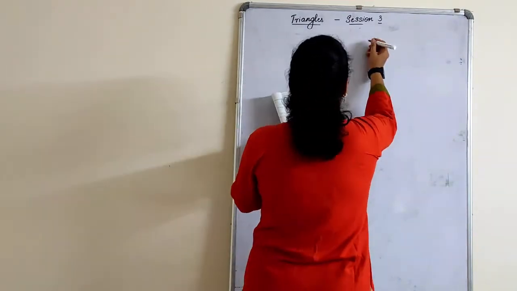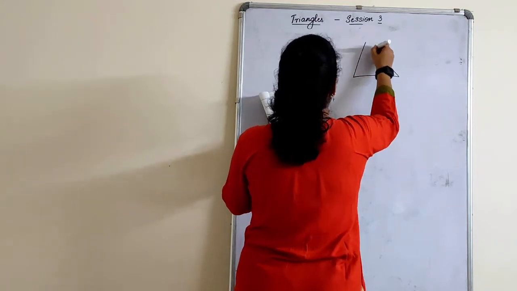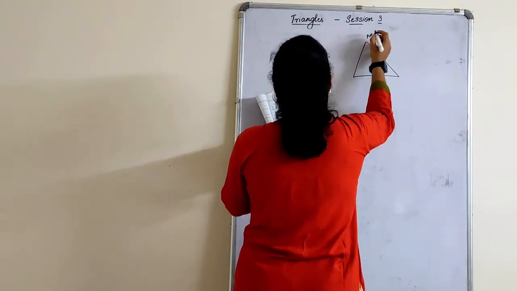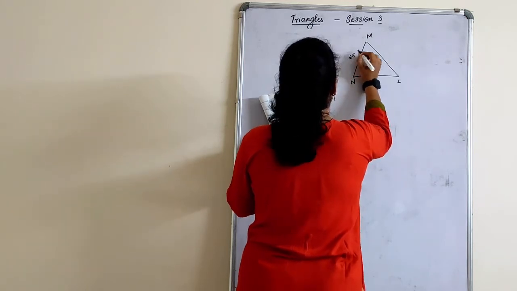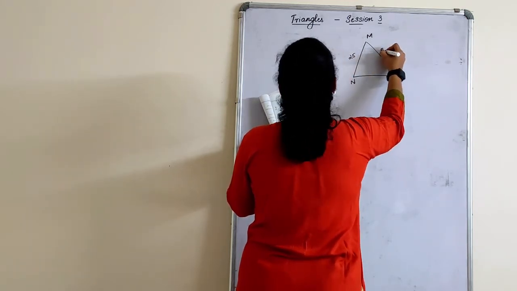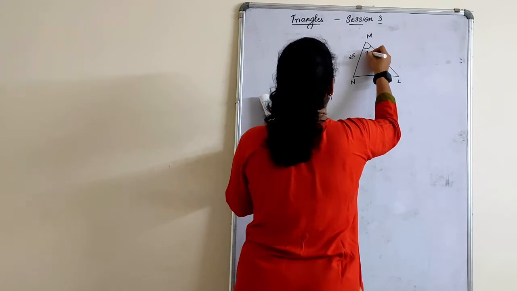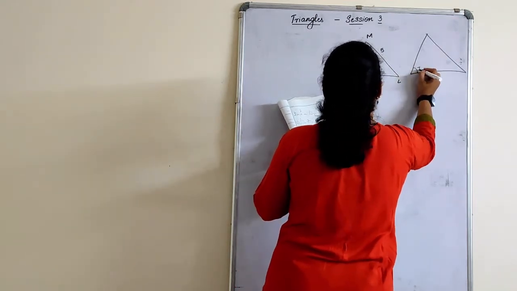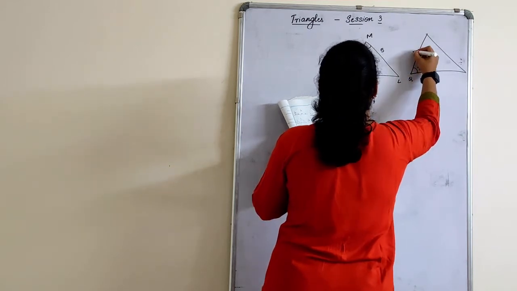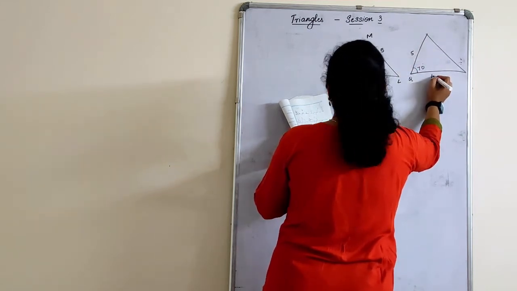In the fourth one, they have given combinations of side and angle. M, N, L: this is 2.5, this is 5 and this is 70 degree. Another angle they have given here is 70 degree, Q, 5 and 10.